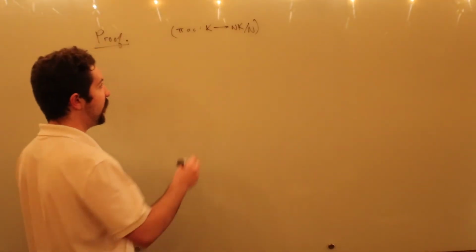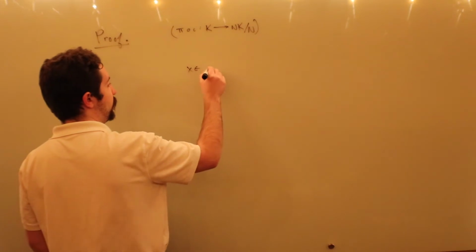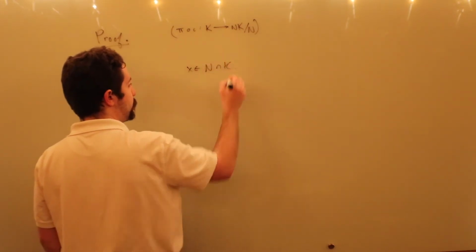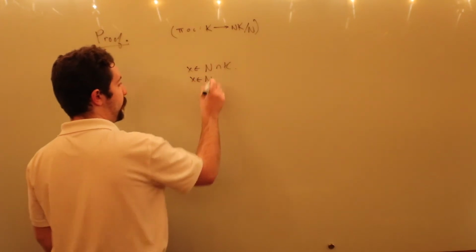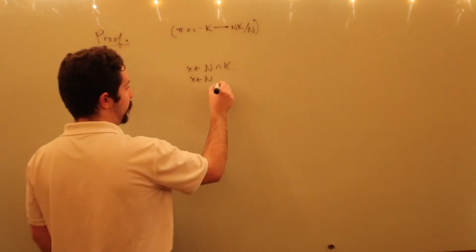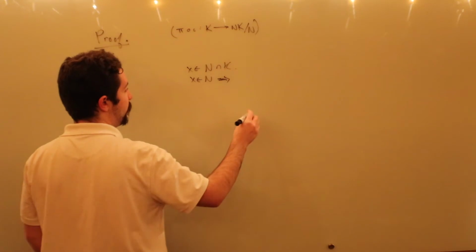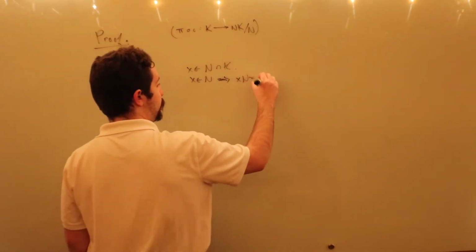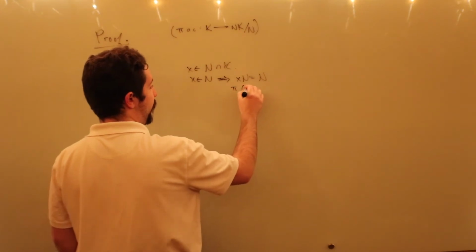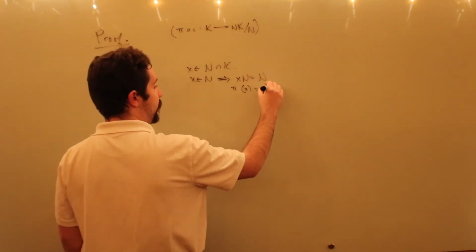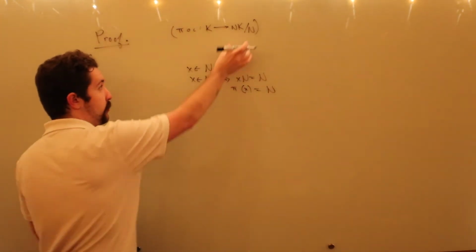Now, suppose instead that x is an element of N intersect K. Then we have the following. x is therefore in N, right? And we also then have that xN is equal to N. In other words, pi of x is equal to N, the identity element in this quotient group.